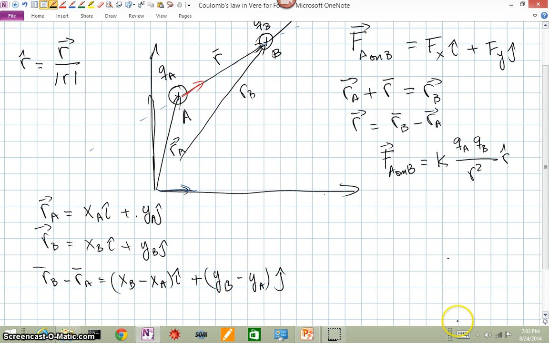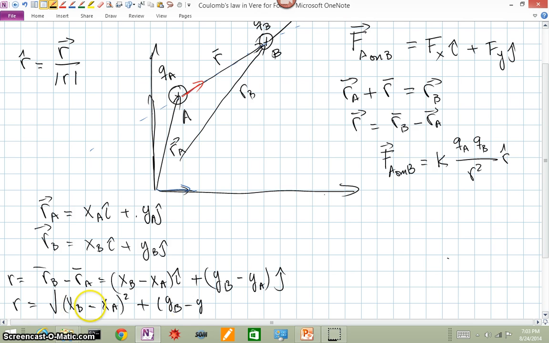I can go ahead and find the magnitude of R, and the magnitude of R, by Pythagoras, is equal to the square root of XB minus XA squared plus YB minus YA squared. So that is your vector.